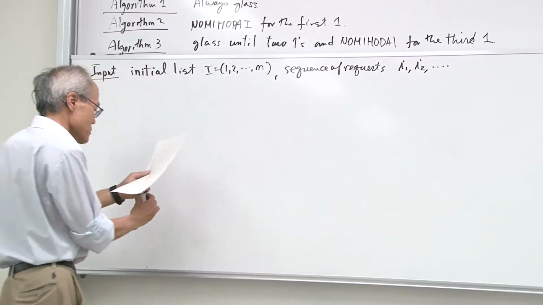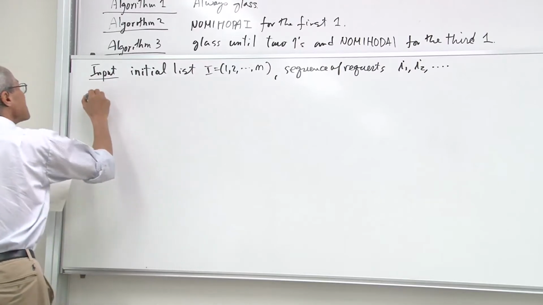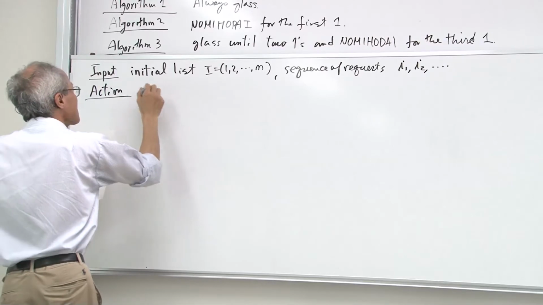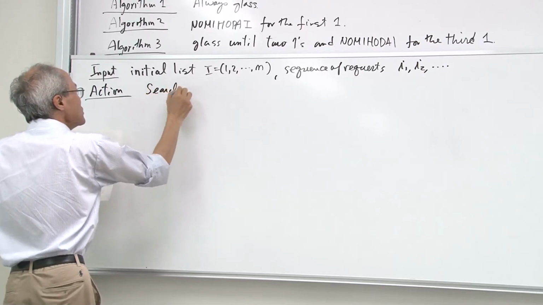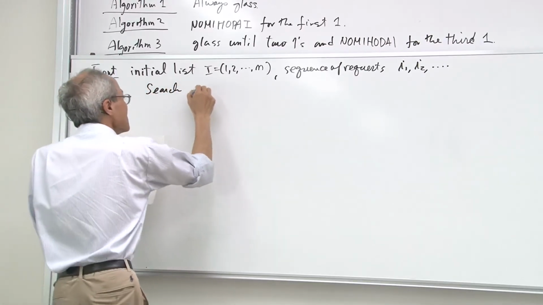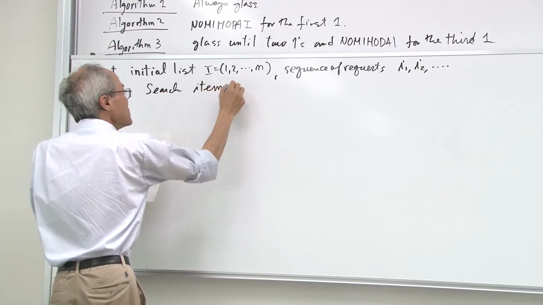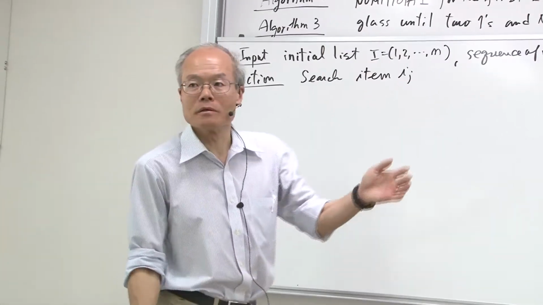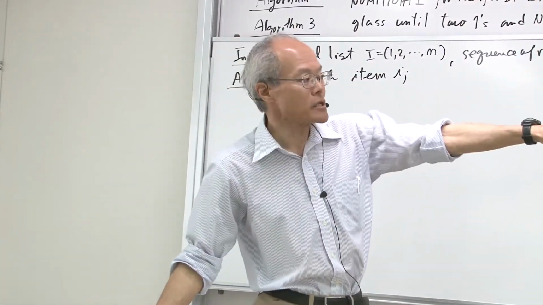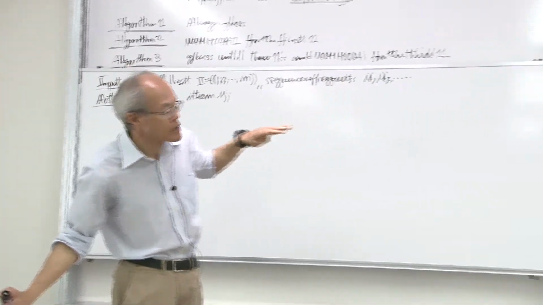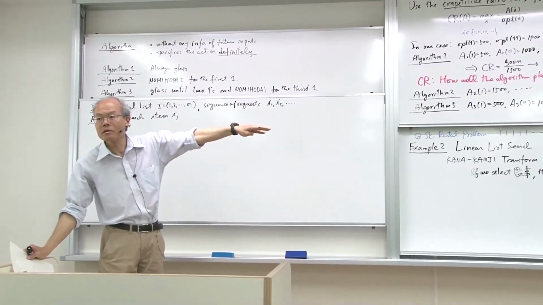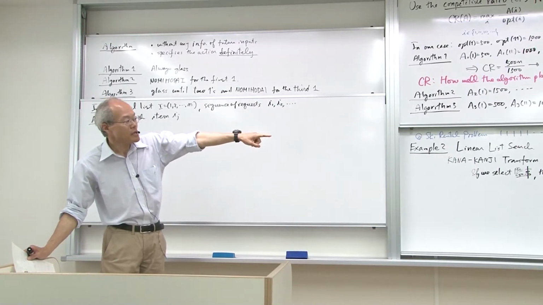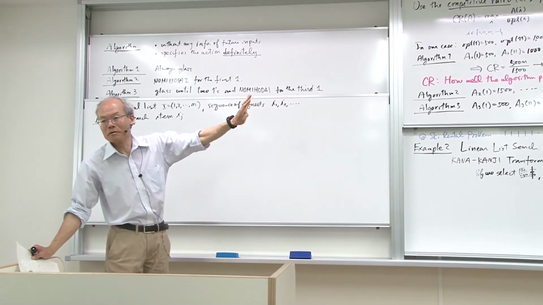And your action is just a search. You need to search item i_j. So for example, if you get first request number 4, then you have to search the linear list up to item 4. Okay? In that case, you need cost 4.